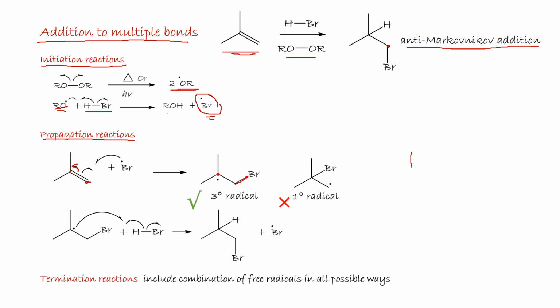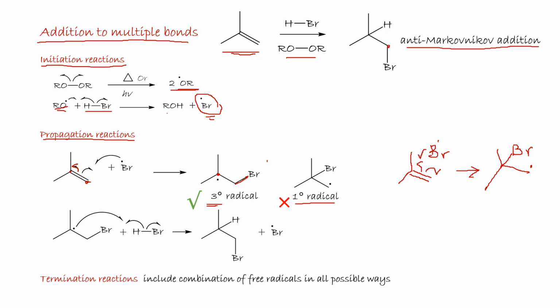If the reaction proceeds differently, Br radical could add the other way, and this is a primary radical. The other way gives the tertiary radical, which is more stable.